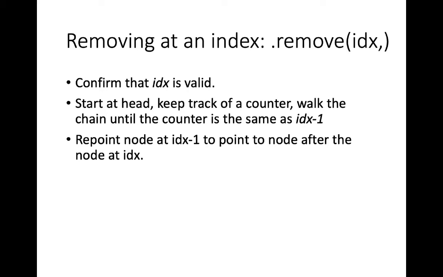What I want to do is take the link of the chain that's just before the one I'm trying to remove and make it skip over the one I'm trying to remove and point to the one that's past it. That will update my chain so that the one I'm trying to remove is no longer in the chain, right?